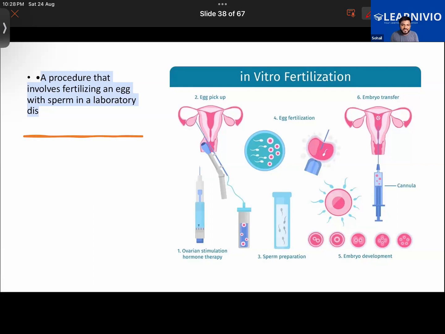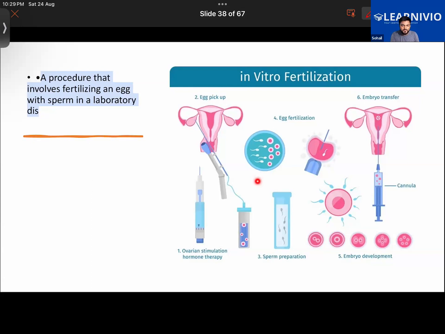Next, in the second step, via a special syringe, the eggs would be picked out as they are released, as you can see over here. In the third step, the sperm from the male parent would be taken in a test tube like this.